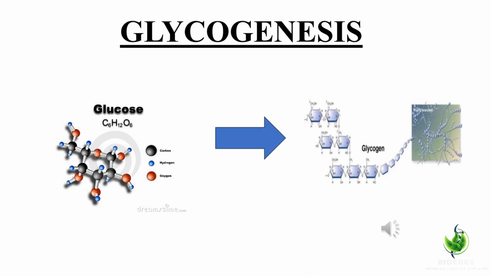At first, glucose is converted into glycogen, and this process is called glycogenesis. And the reverse of this process, where the glycogen is converted into glucose, is called glycogenolysis.